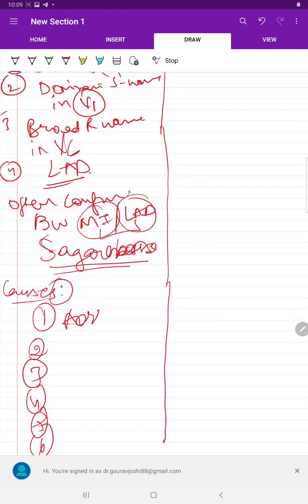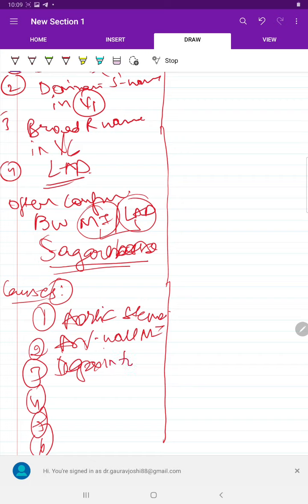We can say aortic stenosis, then anterior wall MI, then maybe digoxin toxicity, maybe dilated cardiomyopathy, hypertension or hyperkalemia.